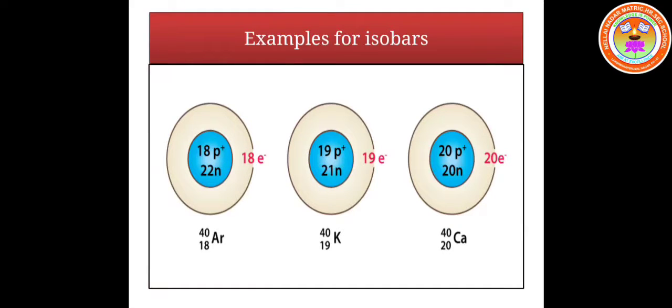But all these elements have the same mass number. Since the mass number is same for these elements, the total number of nucleons is also same. So these elements are called isobars.